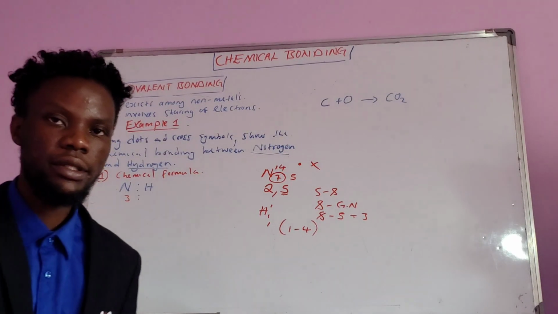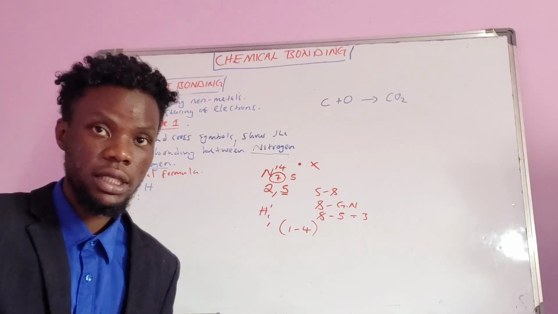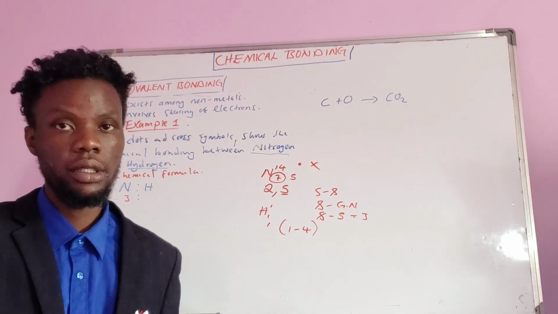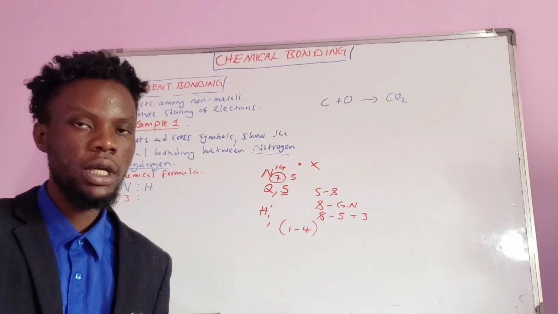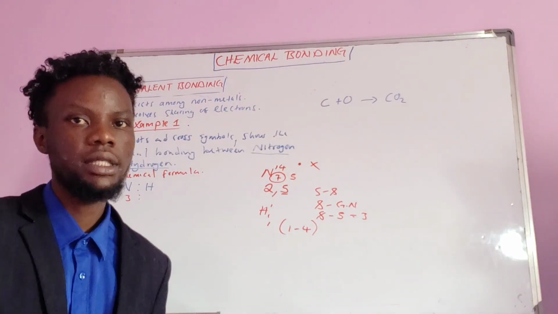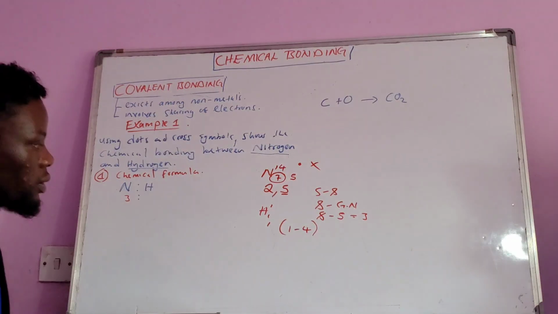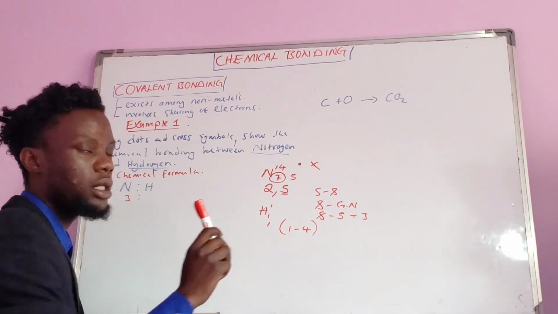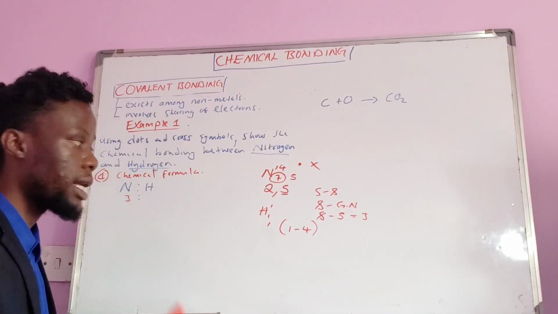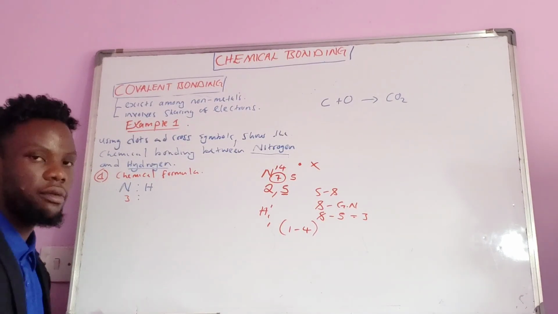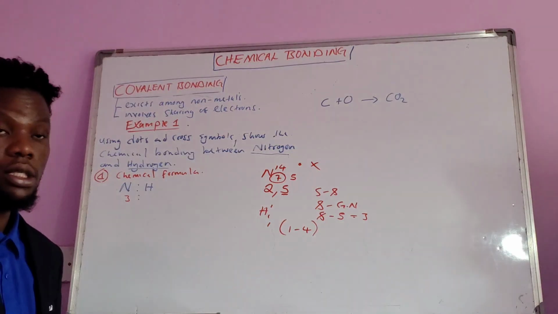If an element is in group 2, the valence number will be 2. In group 3, the valence number will be 3. In group 4, it will be 4. If an element is in group 1, the valence number will be 1. So an element in group 1 to 4 has a valence number equal to its group number. Since hydrogen is in group 1, the valence number of hydrogen is 1.